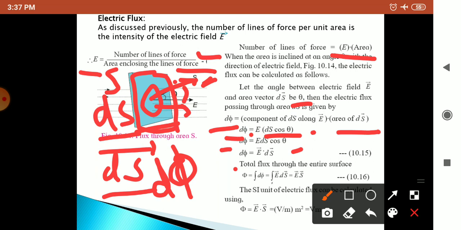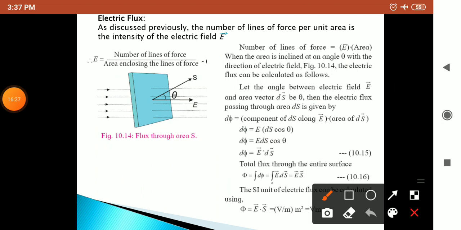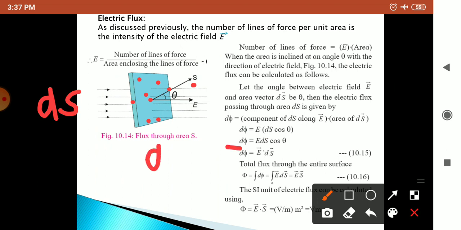Then the total flux through the entire surface will be phi, and the sum is denoted by integration. The addition of small areas ds will be S, and the addition of such electric fluxes d phi will be phi.